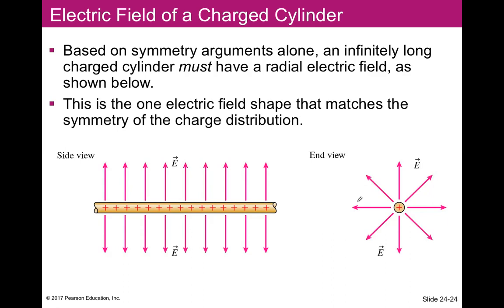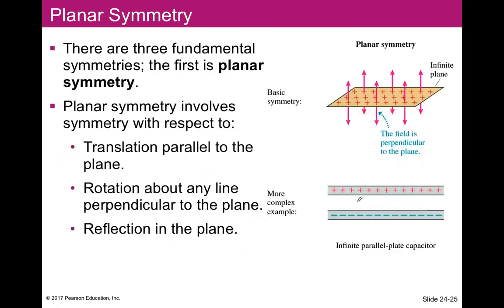Yeah, so that's the field line distribution of a charged cylinder. And we take this cylinder as infinitely long, which is the ideal case for the cylinder. Okay, that's the first symmetry, which is cylinder symmetry. Now let's see the other symmetry.